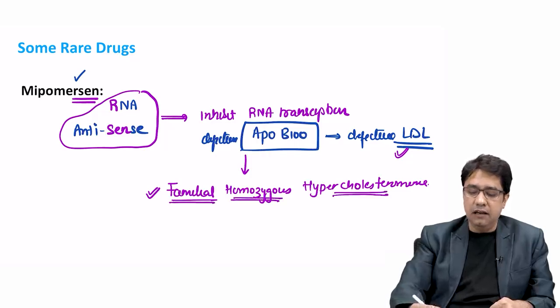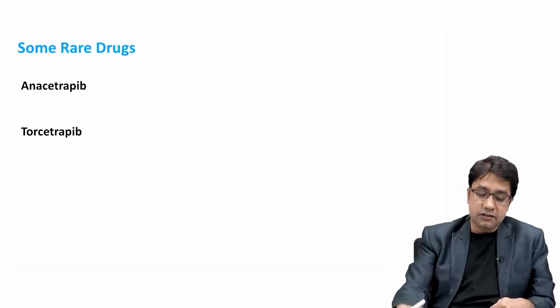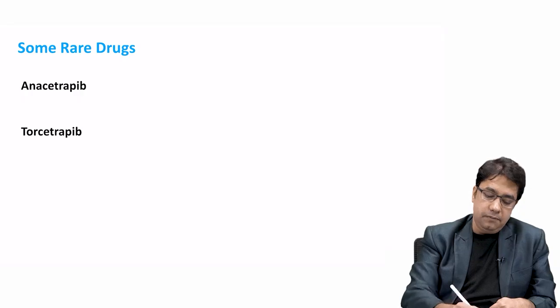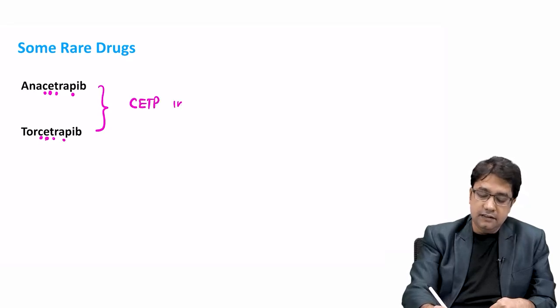Now the last drugs we have are anacetrapib and torcetrapib. You can see the word CETP is coming in both of them. So as the name suggests, they are CETP inhibitors.